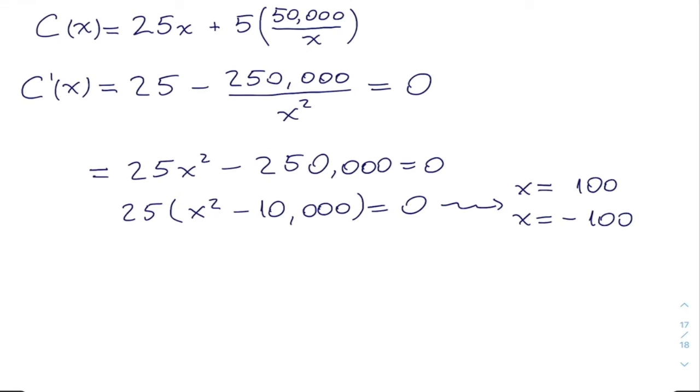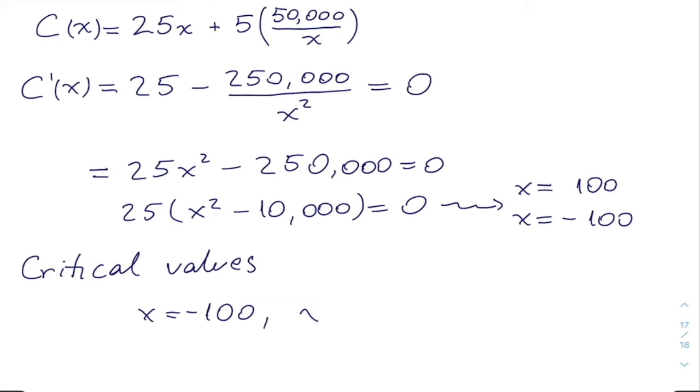We have another critical value which is 0, because the derivative is not defined when x is equal to 0. So the critical values here will be x equals negative 100, x equals 0, and x equals 100.